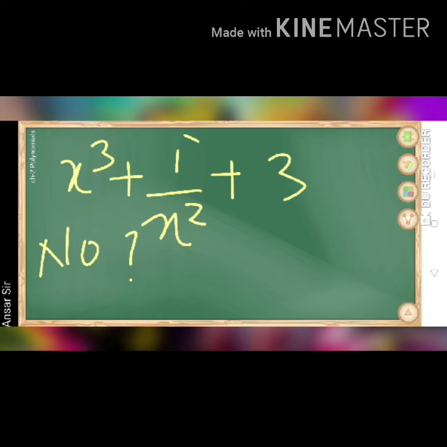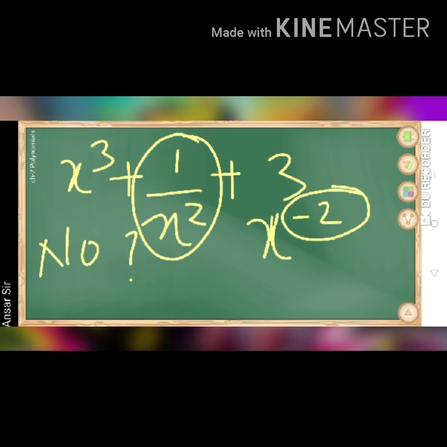Because this term can be written as x to the power minus 2, and the exponent is not a whole number. The exponent of every variable present in a polynomial should be a whole number. So it is not a polynomial.